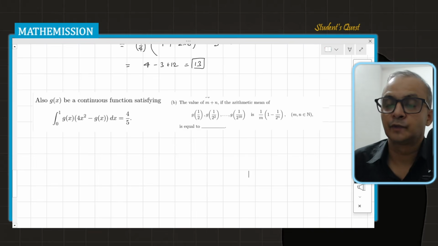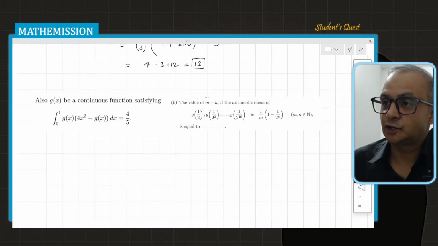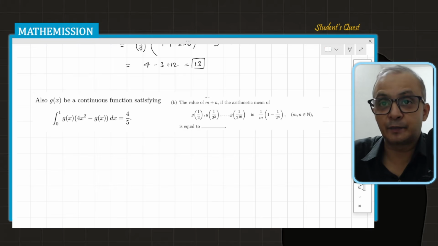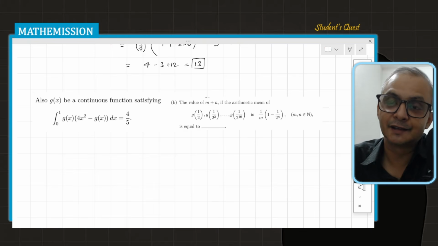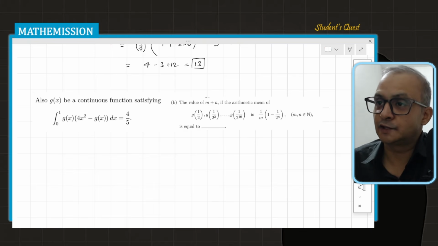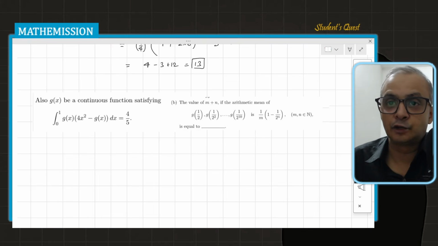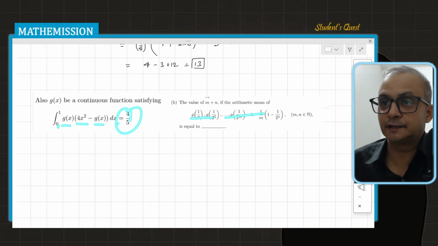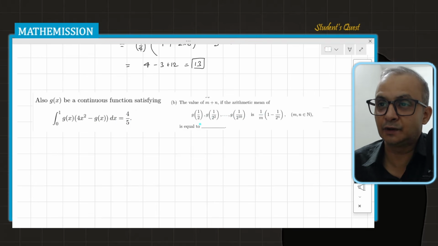Okay, so in this question, this is the second part, this is a paragraph, but in the paragraph they have given 2 questions. Let g(x) be a continuous function satisfying the integral from 0 to 1 of g(x)(4x square minus g(x)) dx equals 4 by 5, and then this whole thing is given, g(1/2) and g(1/2) square.